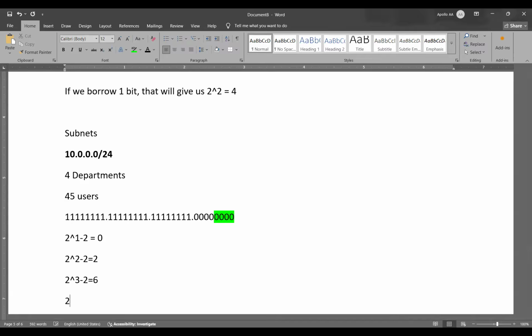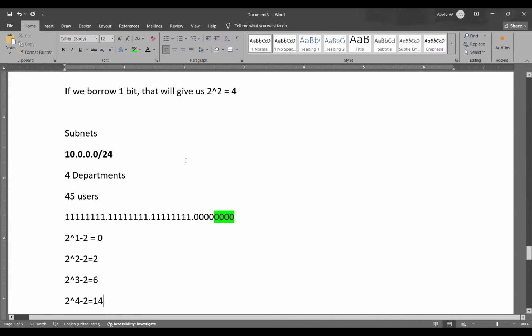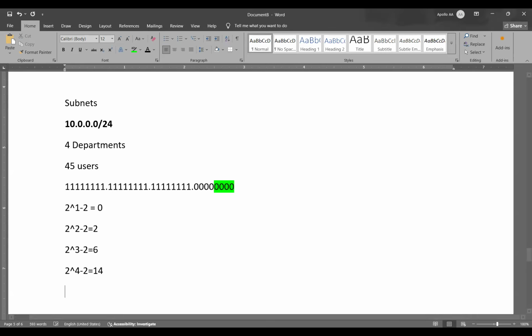That becomes 2 raised to power 4 minus 2, which is 14. That is still not enough. We need another host bit here.